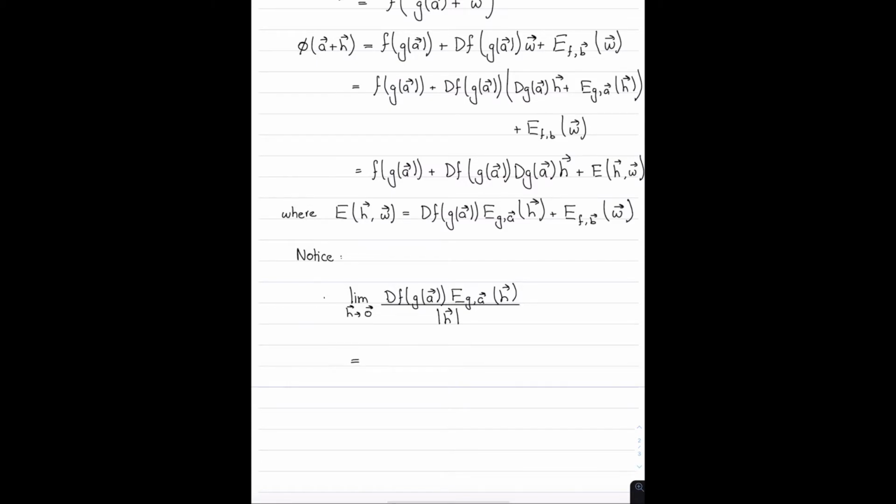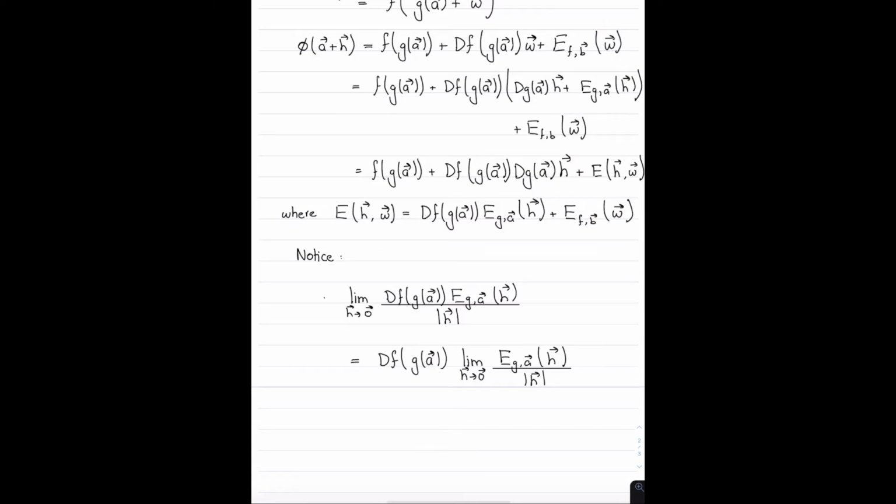This is equal to, I'm just going to bring this outside because this is just a constant, it's not dependent on h, the derivative of f evaluated at g of a, times the limit as vector h approaches the 0 vector of e g of a of vector h divided by the norm of h.